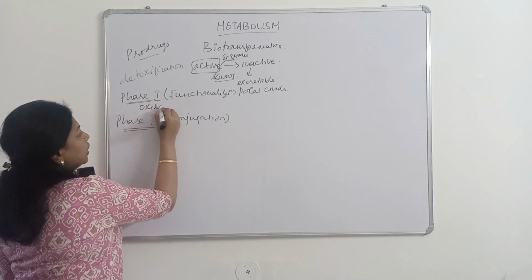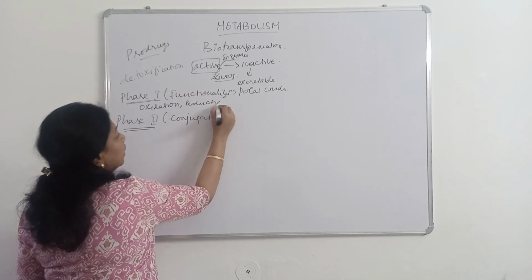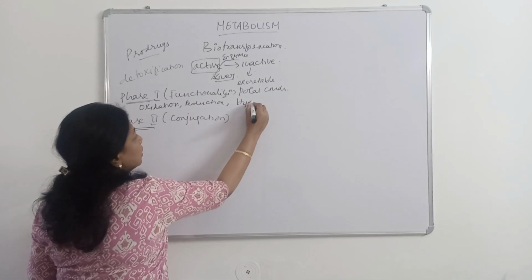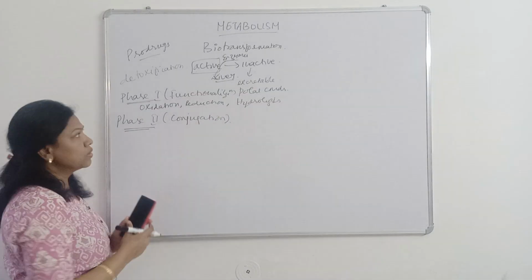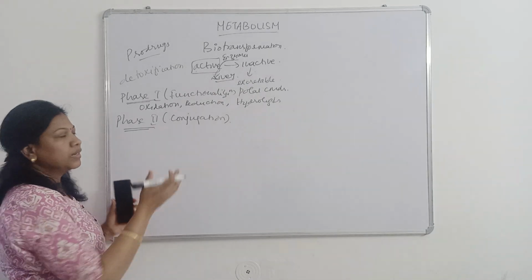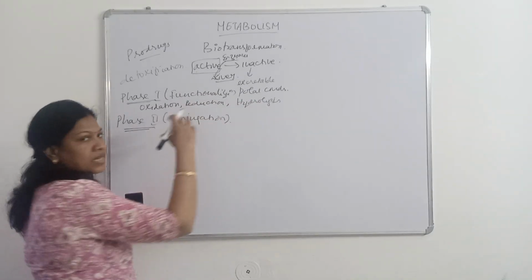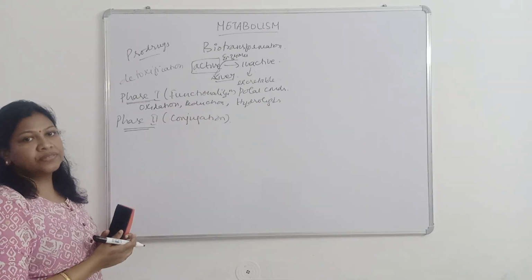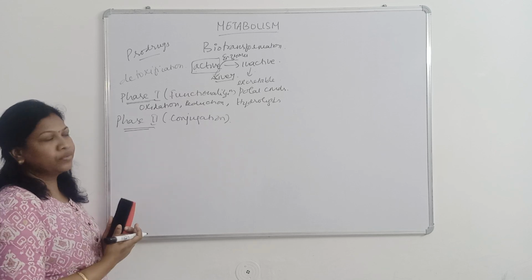Mainly phase 1 includes oxidation, reduction and hydrolysis. The drug gets either oxidized, reduced, or hydrolyzed and is converted into its eliminatable or polar form.